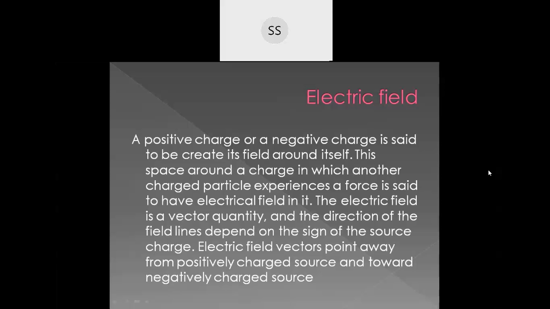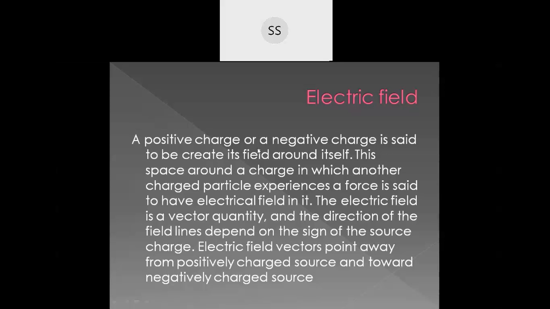But if we take the negative charge far away from that positive charge, it will not get attracted, because the negative charge is not in the electric field area of that positive charge. So the area around a charged particle up to which it can attract or repel another charged particle is called the electric field area of that charged particle.